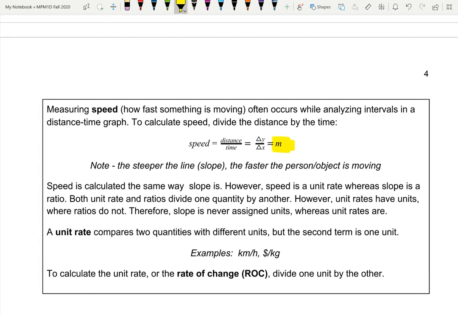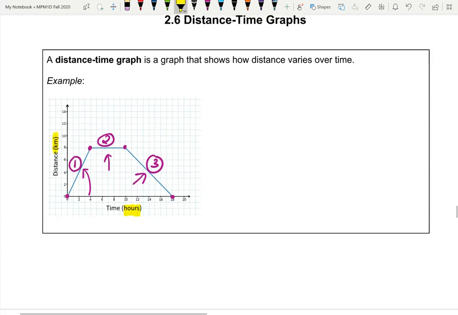To find slope, we know it's rise over run, change in y over change in x. To find a unit rate, we would use rate of change, which is slope. It's all the same. Speed is an example of a unit rate. So we would find the rate of change: how is the distance in time changing over one of the intervals?